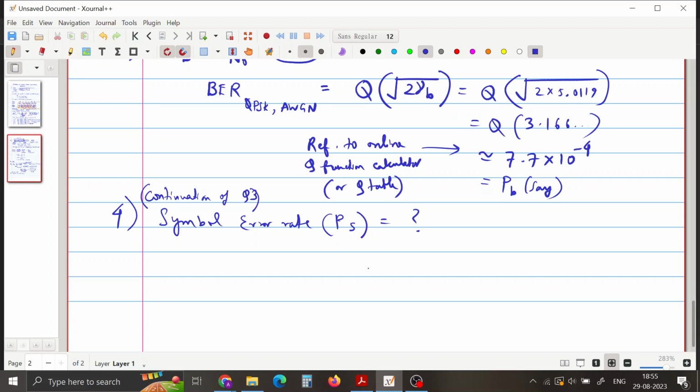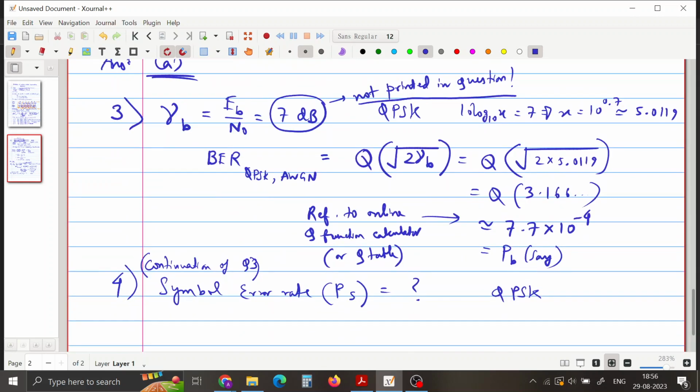How do we do this? We already found the PB. Excuse me, sir. In the earlier problem, we were given the value of Eb by N0 as 7 dB. Why did we convert it?